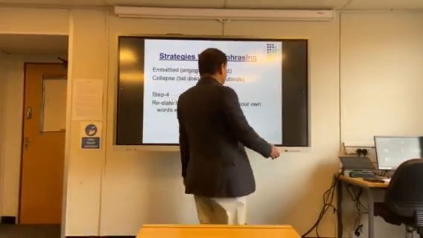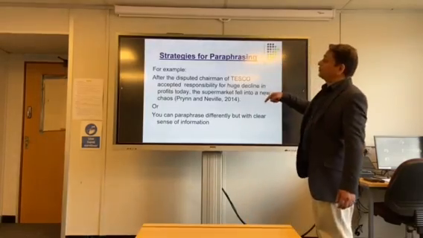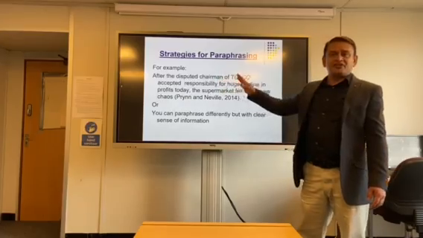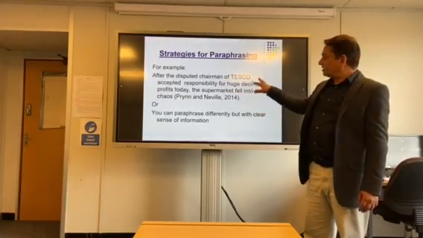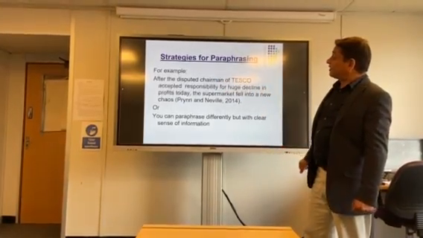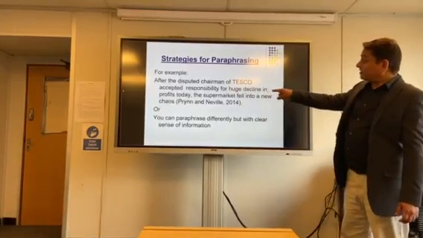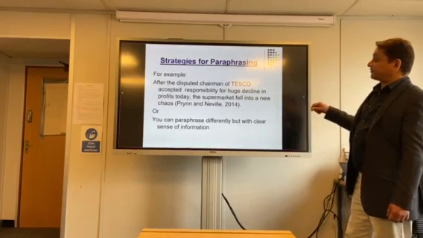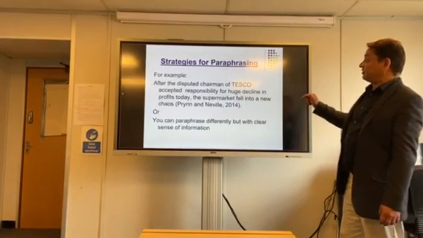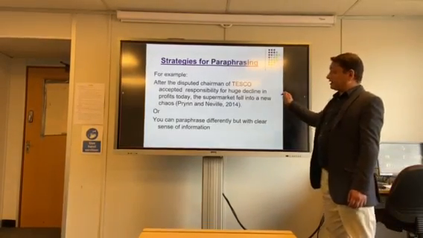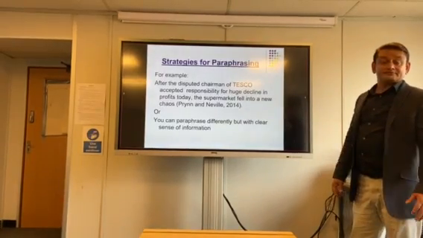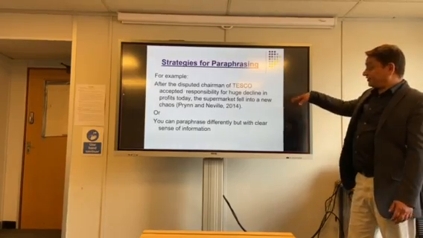For example, this is just one example. There are so many other ways you can restate this information. So, for example: after the disputed chairman of Tesco accepted responsibility for huge decline in profit today, the supermarket fell into a new chaos. You see how different it is.